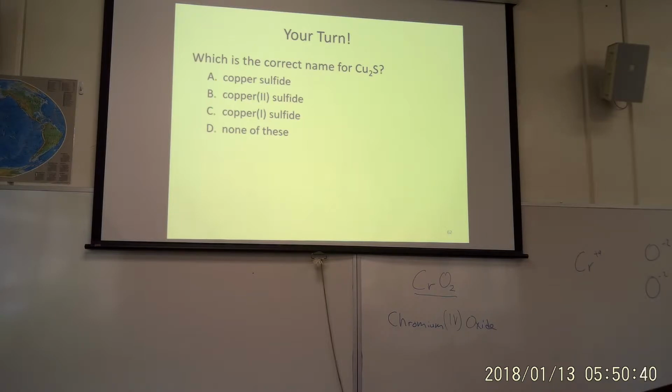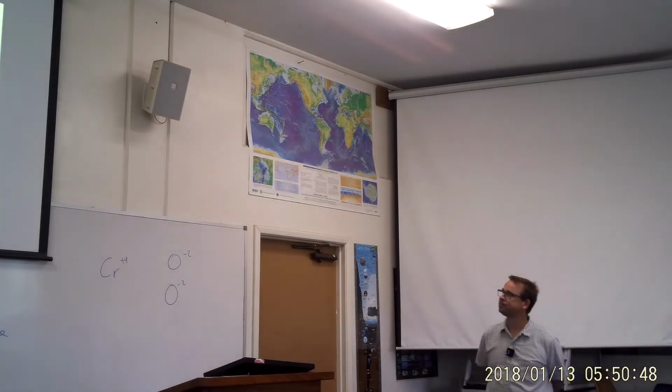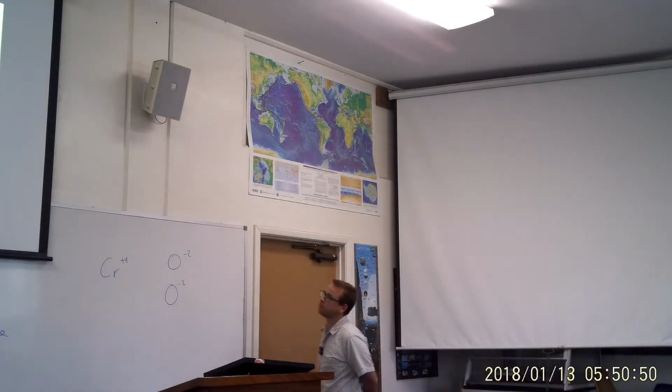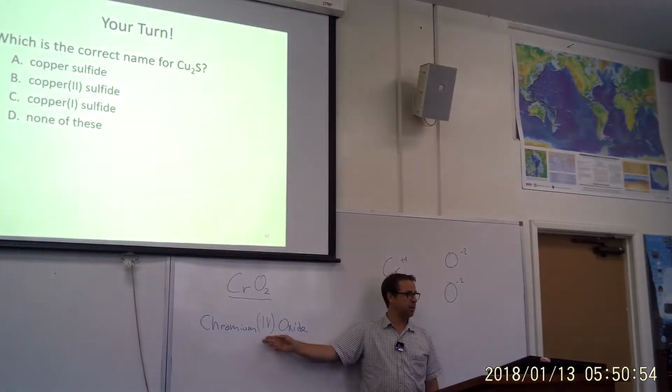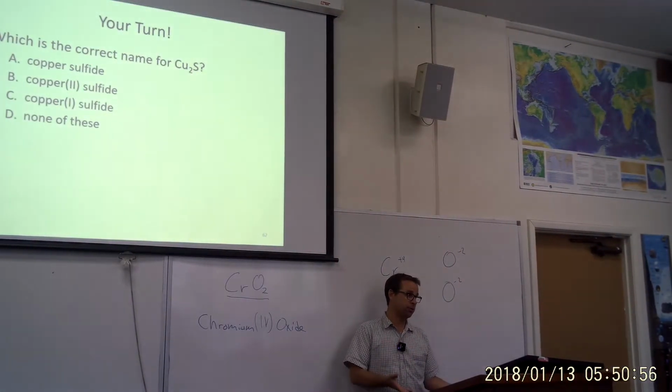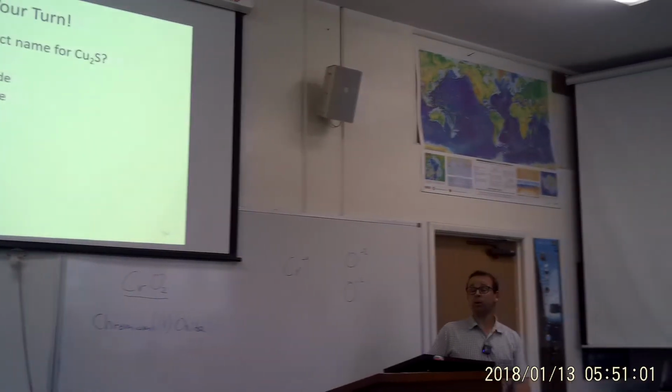Did you get it? All right. You don't put the one in parentheses in between? No, you need to tell people, because if I told you I bought some copper sulfide, you don't know which one it is, right? We're going to decide.